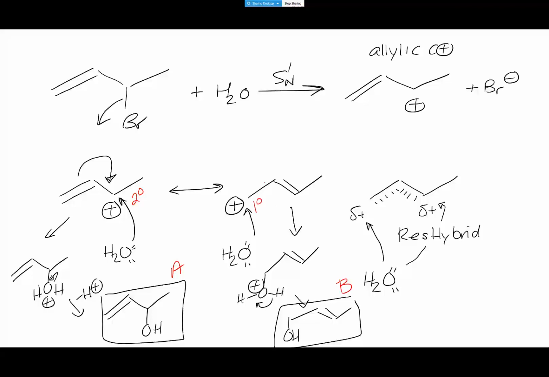So primary allylic versus secondary allylic. Your argument for A, and I think this is what Cameron was getting at a couple of minutes ago, is that A would be the major product because it's coming from the more stable intermediate. And just like yesterday, how many times have we done that kind of a reaction? The answer is a lot. So that's not new. We could say A is the major product because it's coming from the more stable intermediate.